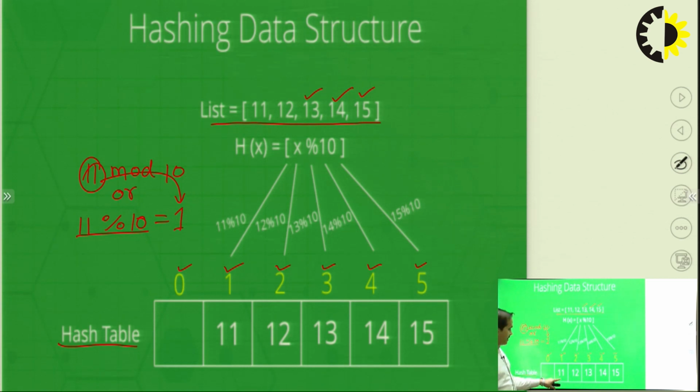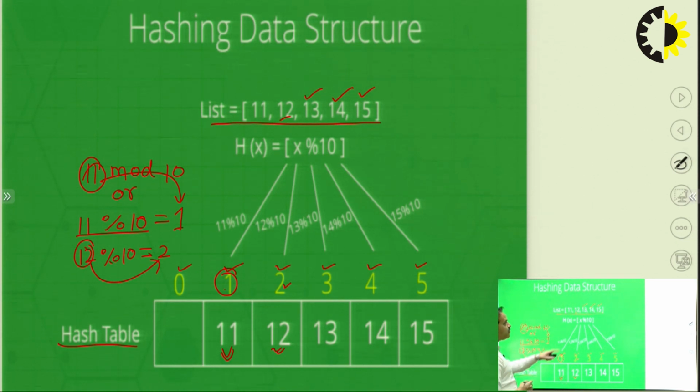Look at the table. Here this is position 1 and we insert 11 at this position. Now we compute 12 mod 10. The value of this expression is 2. That means 12 is stored at location 2.